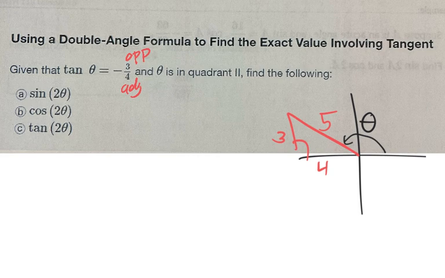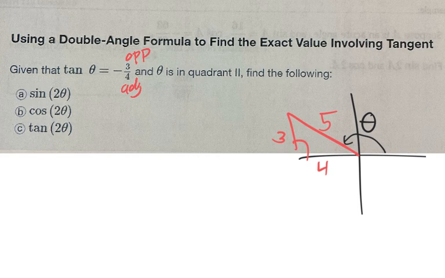But what if I doubled this rotation? Let's just think about it very quickly, as a thought experiment. This is not how you work this problem. If I doubled my rotation, where would I be? Theta is between 90 and 180.